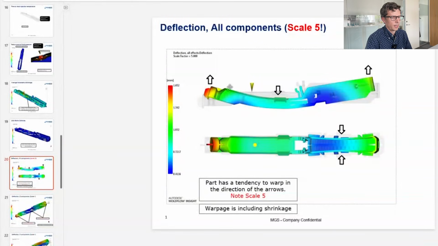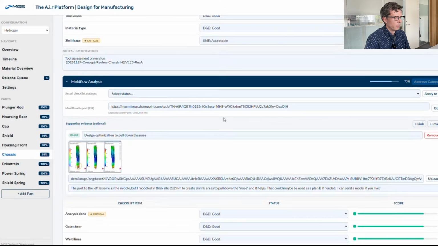That's an example where if we just expect perfect tolerance but get a part that warps like this, then we cannot trust the analysis. But with a lot of iteration with the mold maker, we brought it down to a minimum, and we didn't see any warps in the prototypes.